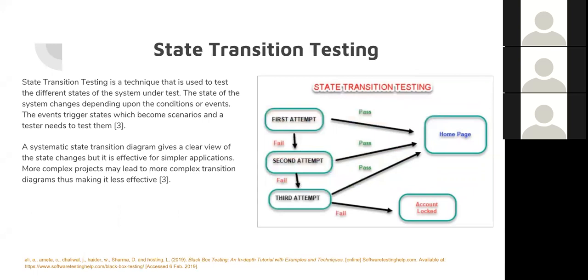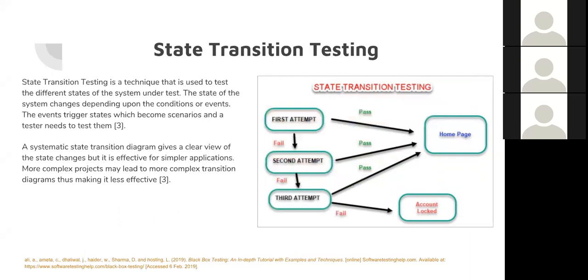Then there's state transition testing. State transition testing deals with the different states in the system, and it shows the flow of how each state is going in the system. So in this example, we have the first attempt, second attempt, and third attempt.